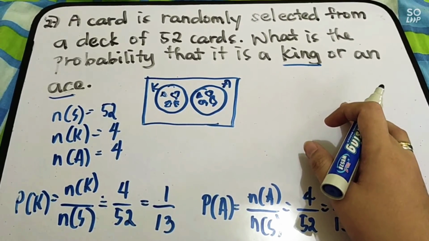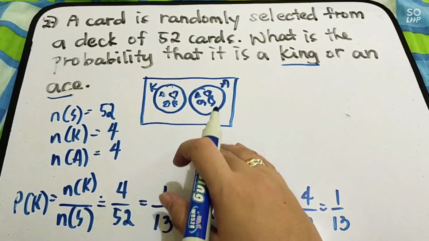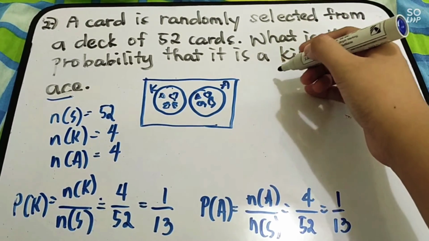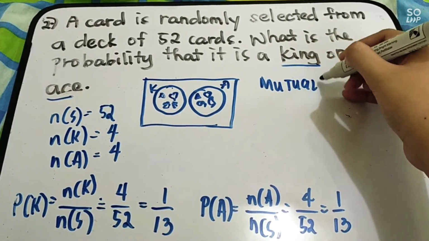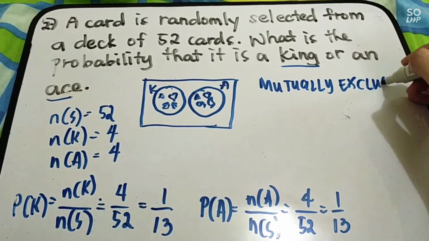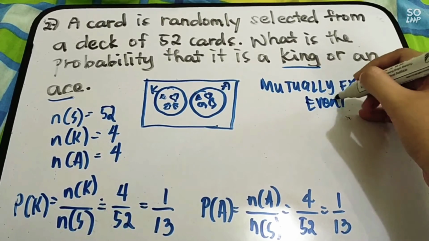Naintindihan? So, kung sila ay hindi nag-intersect, without an intersection, ang tawag po dito sa tanong na to is mutually exclusive events. Yan yung tinatawag na mutually exclusive events.